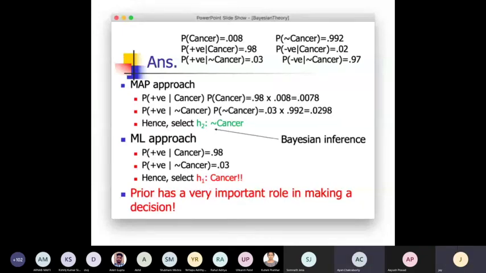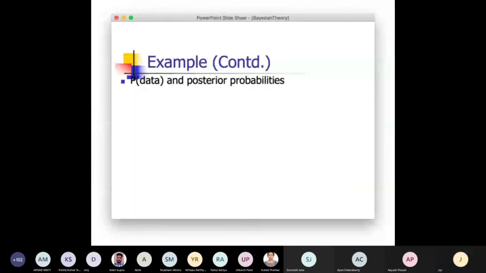That's right, which means you are not computing the posterior. So what is the importance of computing the posterior in that case? You have taken a decision, but if you compute the posterior, you will have a better understanding of your decision. So let us proceed further. Thank you, Ayon.